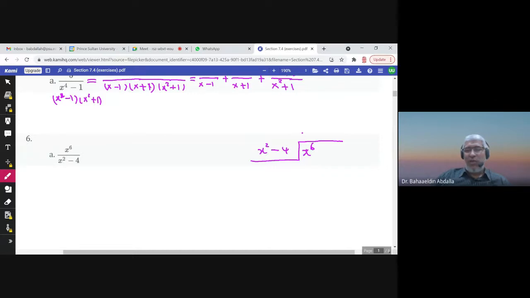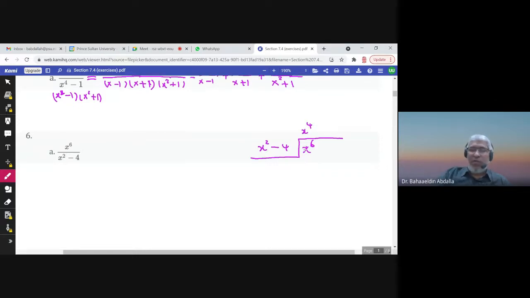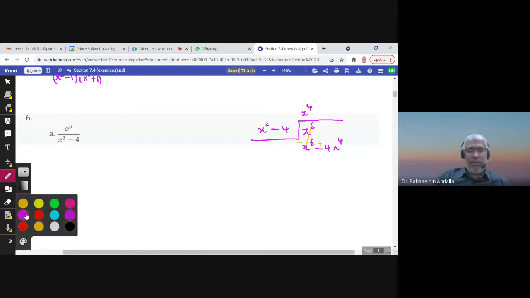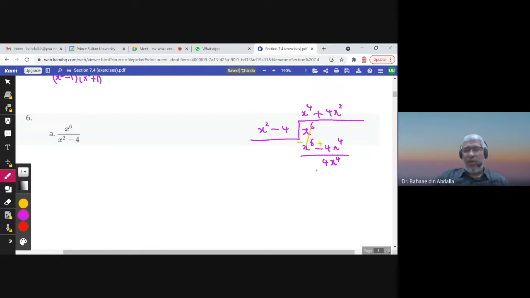x to the power 6 divided by x squared is x to the power 4. Multiply: x to the power 6 minus 4x to the power 4. Change the signs and add. I will have 4x to the power 4. Divide by x squared, I have 4x squared. Multiply, minus 4 times 4.